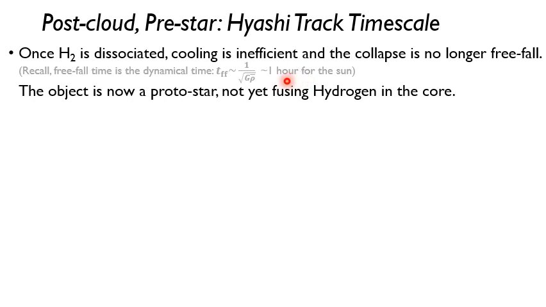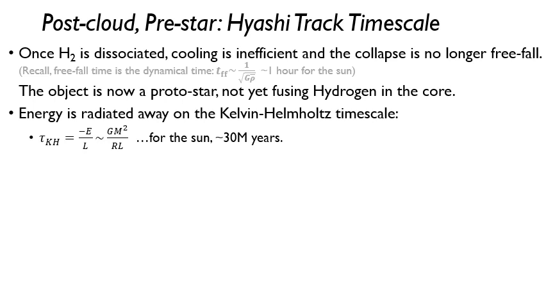At a certain point, though, the cloud gets compact enough and it gets hot enough that you are dissociating the molecules. You're dissociating your diatomic hydrogen, and your cooling is going to be inefficient. And so our object is now, we finally call it a proto-star. So it's in hydrostatic equilibrium, but it's not yet fusing hydrogen in the core. So this is a proto-star.